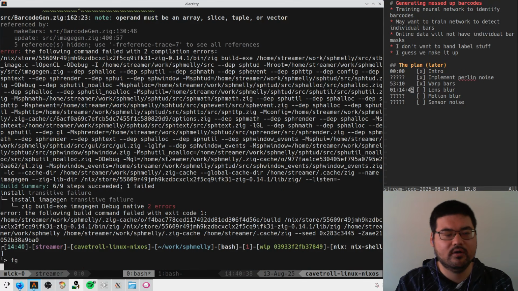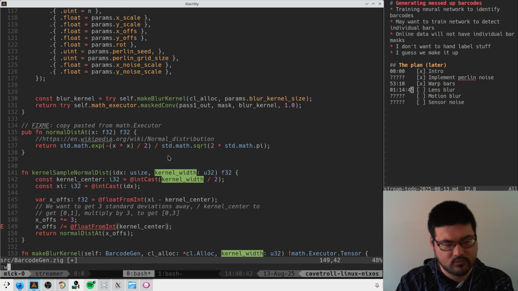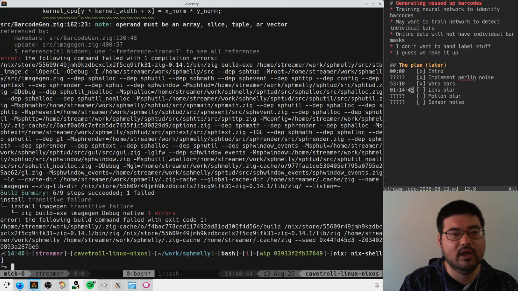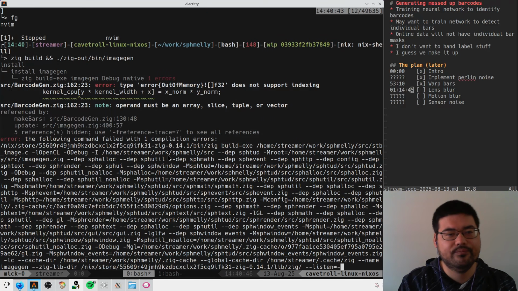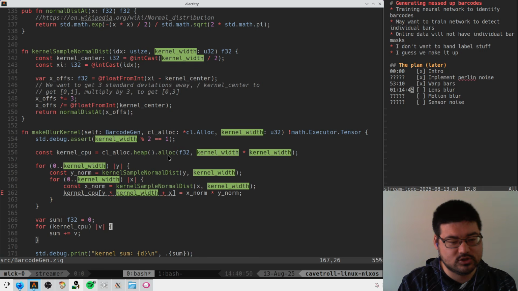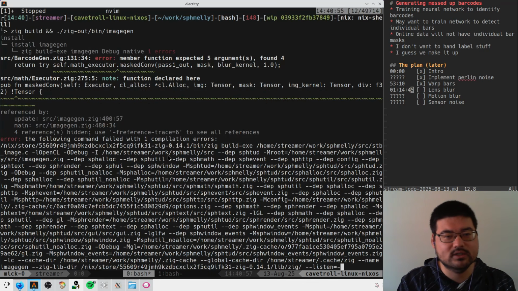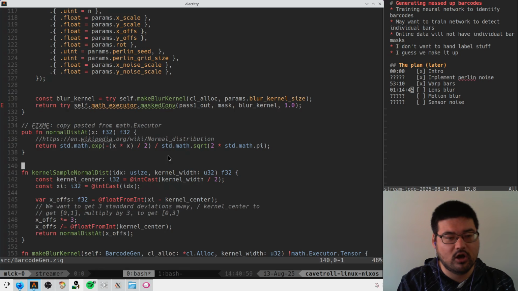Little float cast. Okay. True that we need to write try on heap allocations, or else they get angry. He's mad because mask conv did not pass enough parameters. What did I miss?